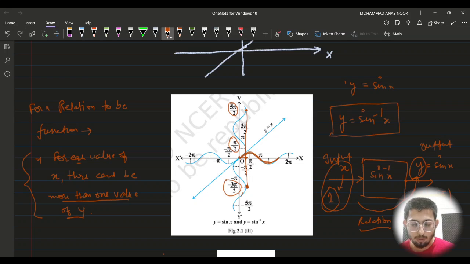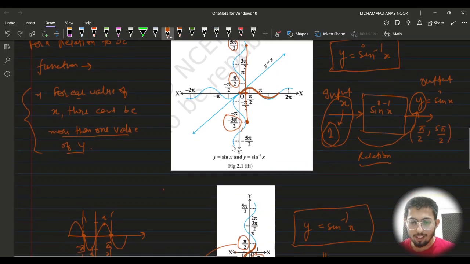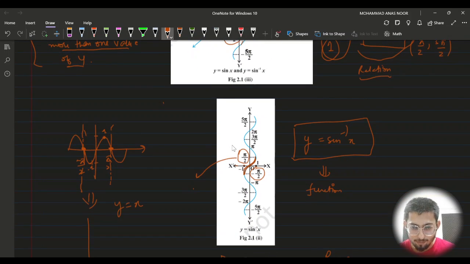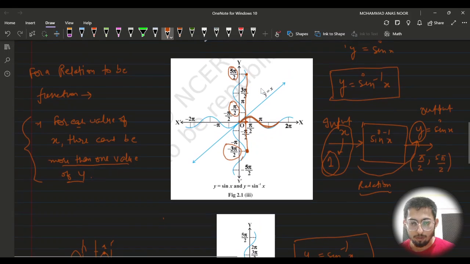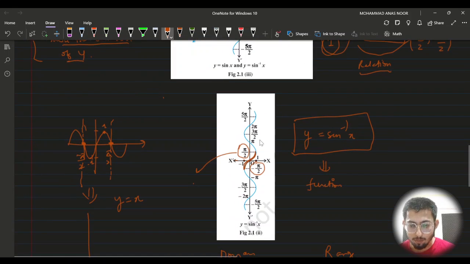See, there is no harm in taking a range, but maybe it is just the convention. We could have chosen the range of this sine function according to whatever we want, provided that this inverse becomes a function. Okay, that's according to what we want.